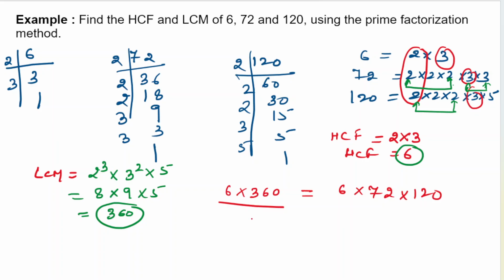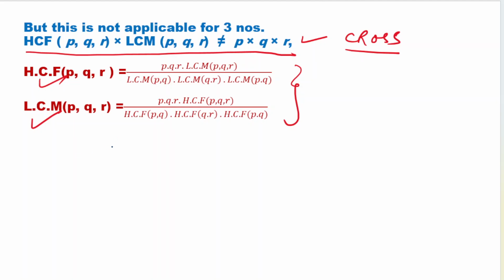The multiplication of this gives us 2160, whereas the multiplication of this gives us 51840, which is not equal. Hence, we can say that the HCF and LCM relation for 3 numbers does not hold. For this, you have to go through the other formula.